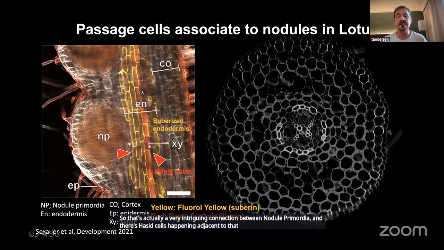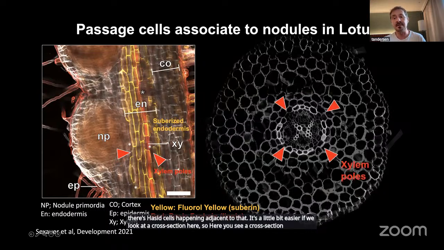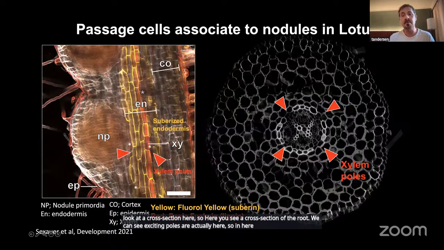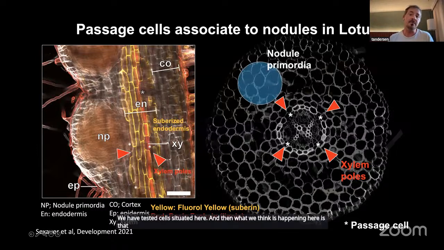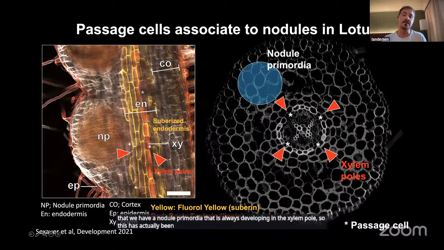It's a little bit easier if we look at a cross section. Here you see a cross section of the root. We can see the xylem poles are here. So here we have the xylem that has 4 poles. We have passage cells situated here. And what we think is happening is that a nodule primordium is always developing at the xylem pole. It has actually been established in the literature that there's a xylem pole association to nodules.